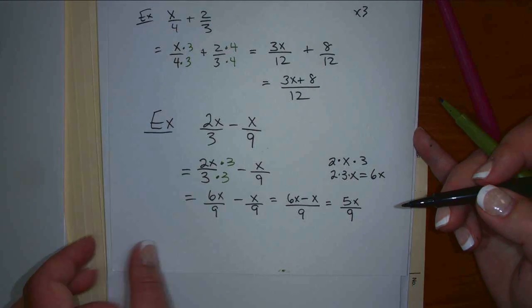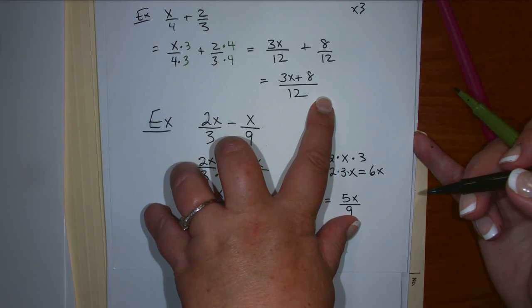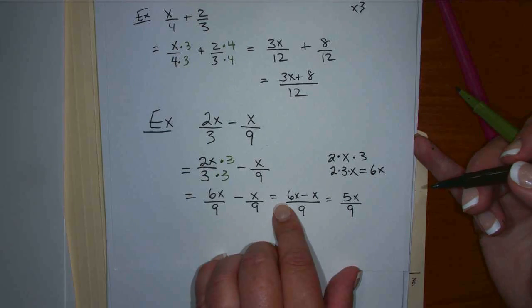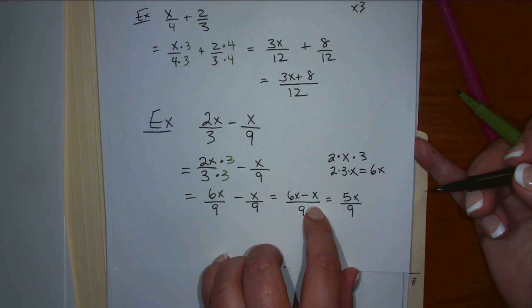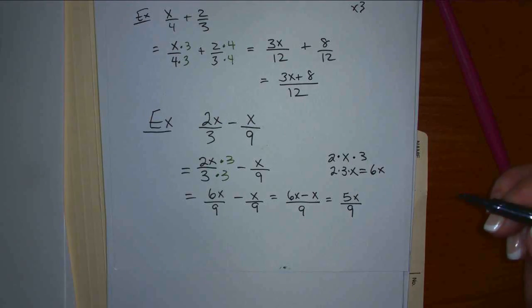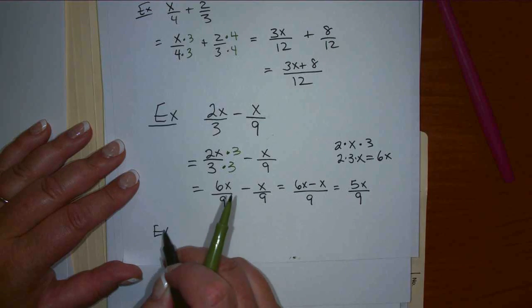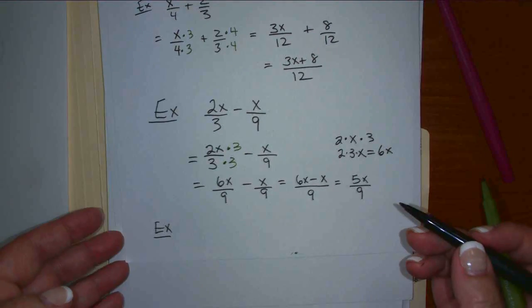So where the first one, it was just an 8 without an x, we couldn't add it. And the second one had both of them an x, so 6x's minus 1x is 5x's. Actually, let's go to the next page.